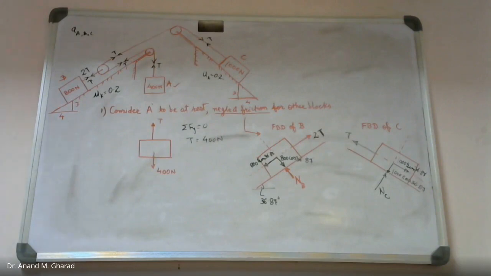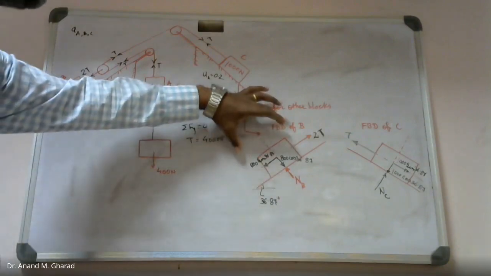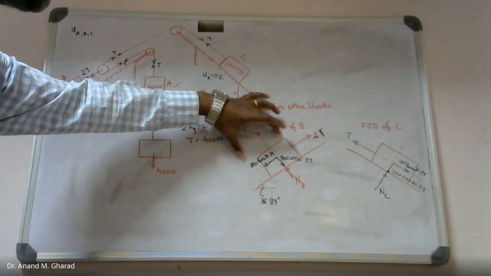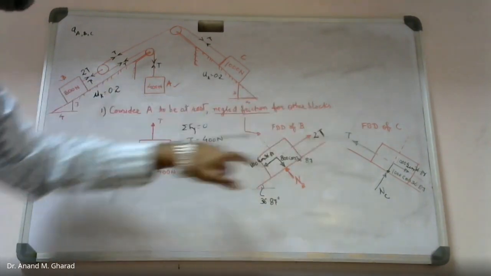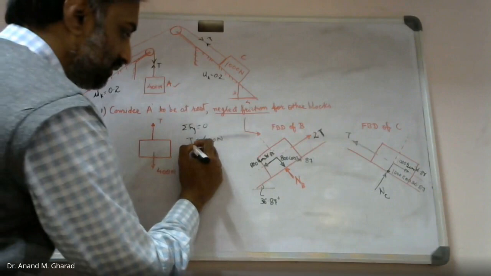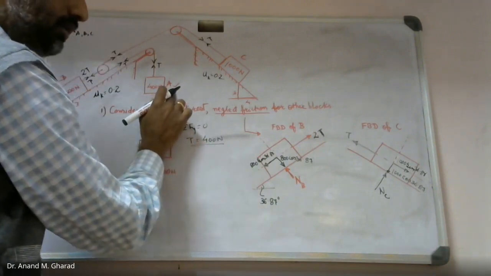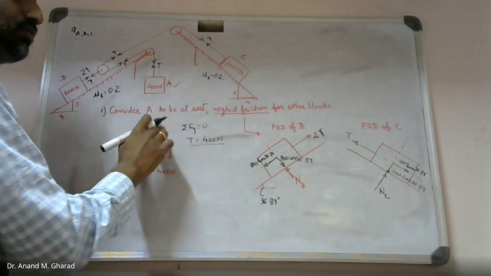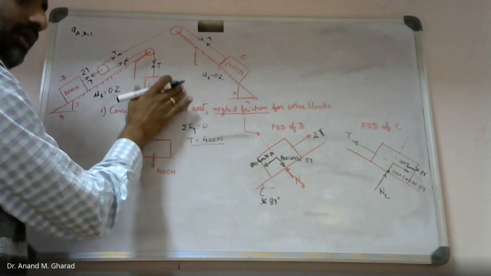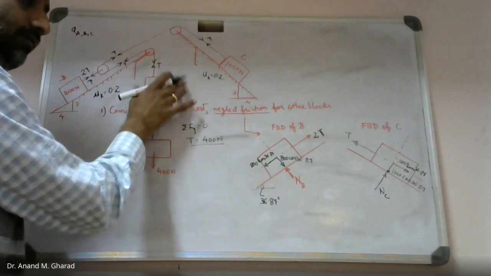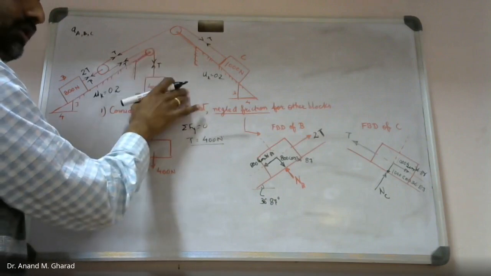Okay. So for these two figures, what I can say is I can identify the net force which is actually acting on these two blocks because I have identified this T value by assuming block A to be at rest. So in such situations, we are supposed to assume any of the blocks to be at rest, find out the tension value associated to it.